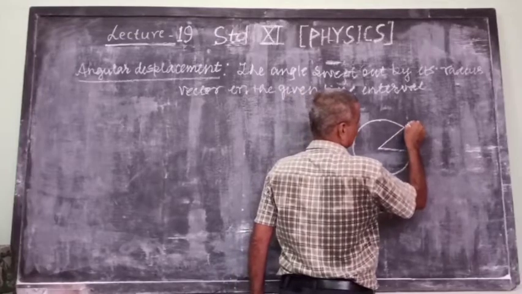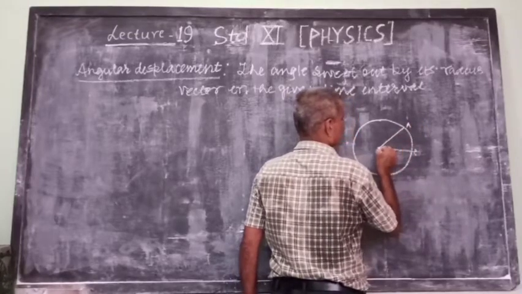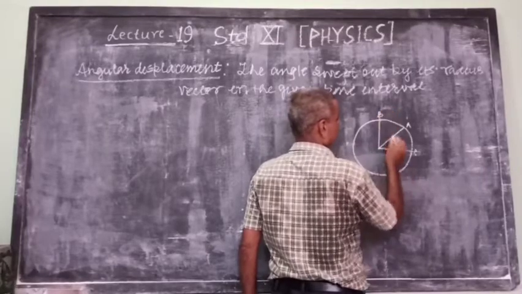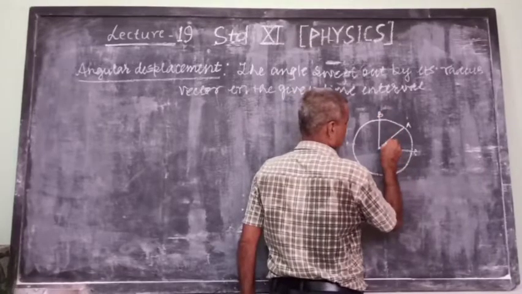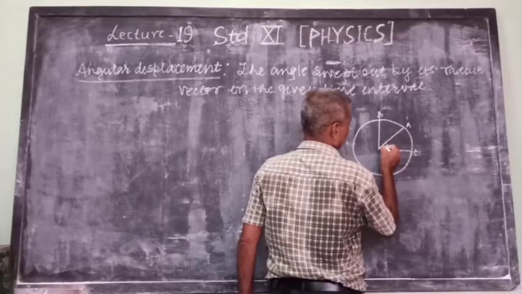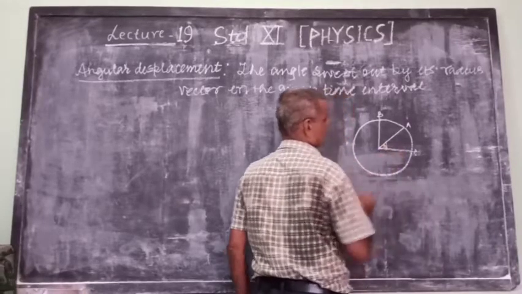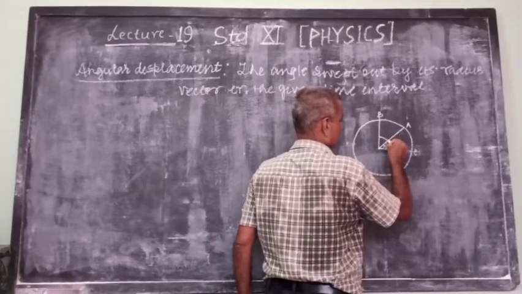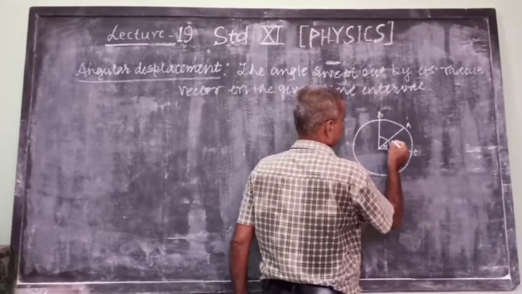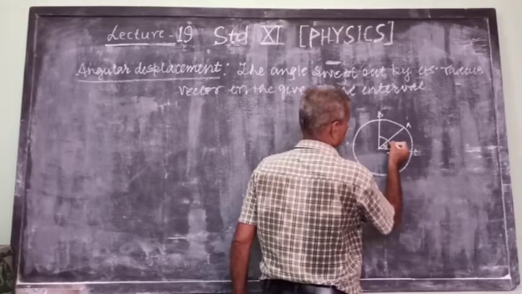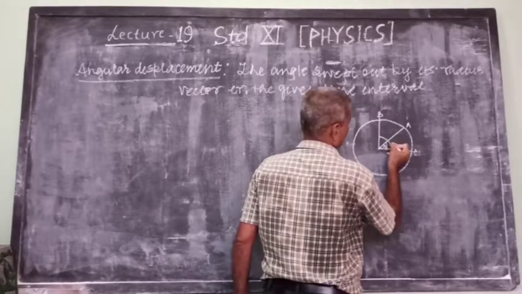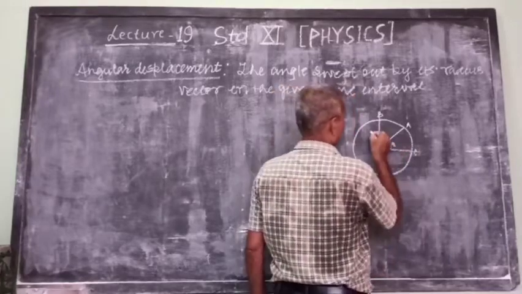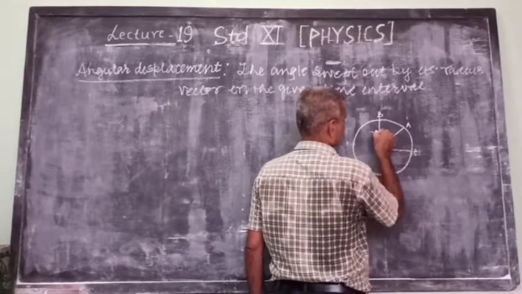This is your point A and this is your point B. R is the radius.